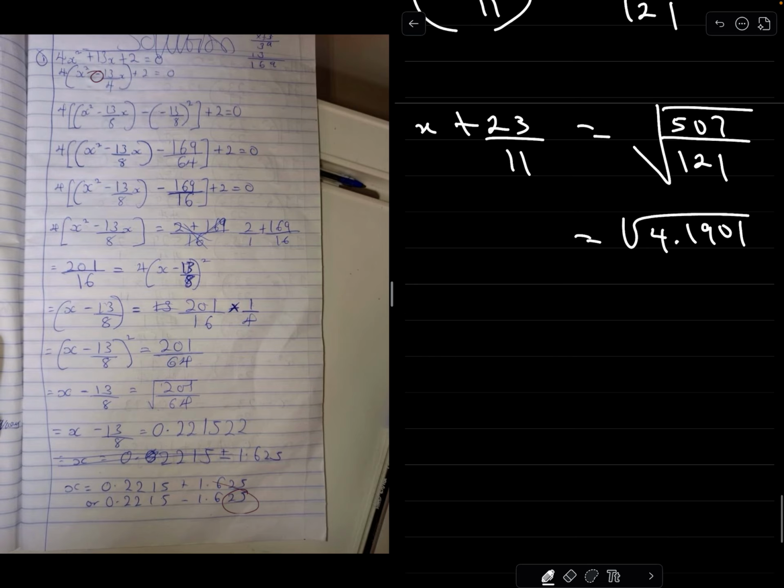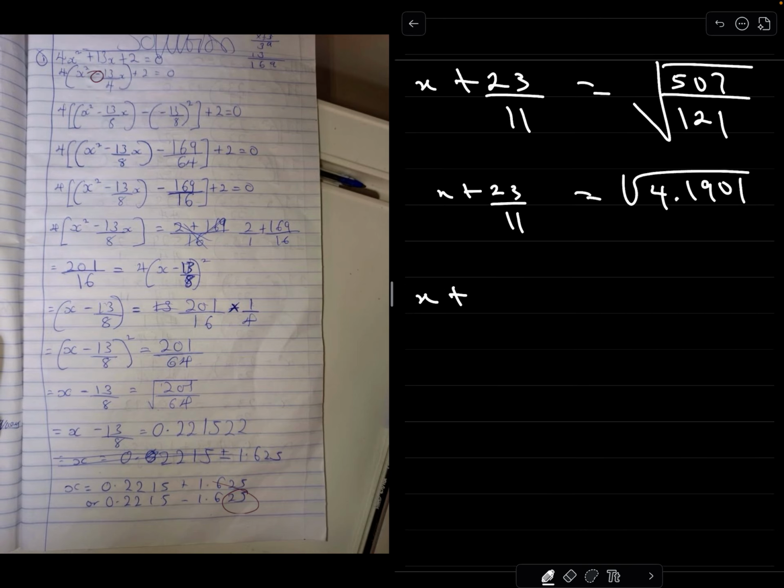So that means x plus 23 over 11 is equal to the square root of 4.1901. There will be 2 square roots, so that's plus or minus the square root of 4.1901, and that is 2.04697, that's 2.0470.